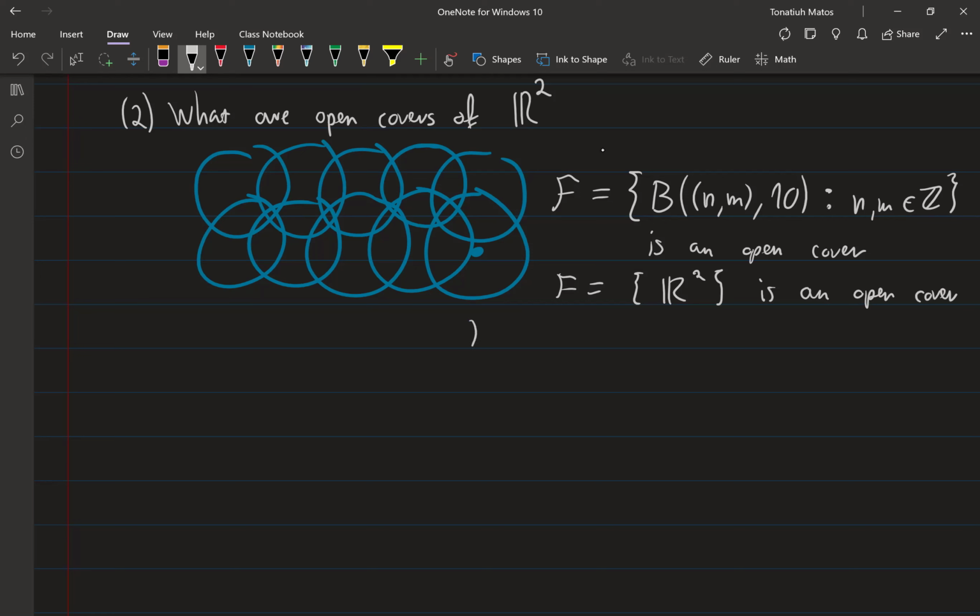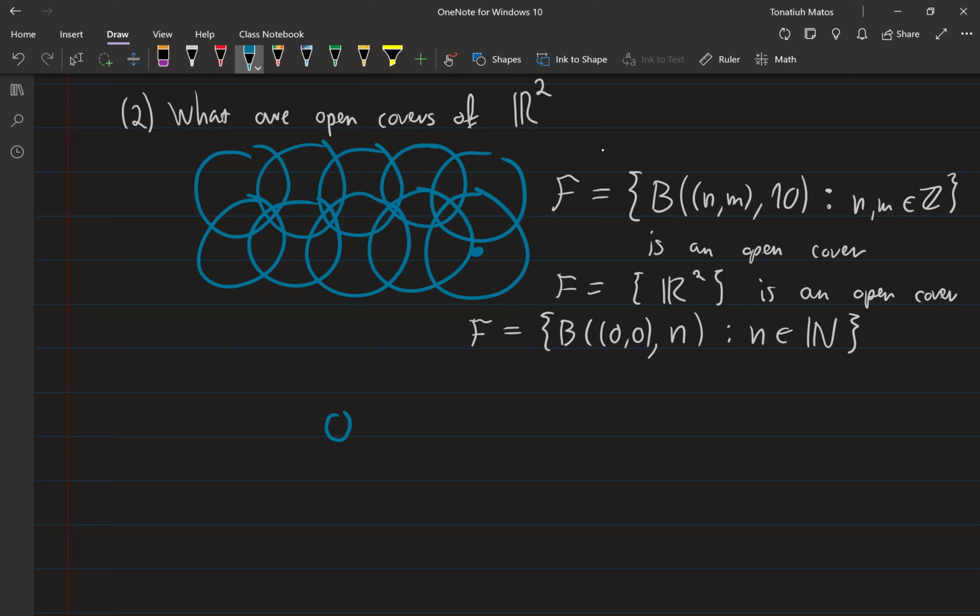Maybe one more example. In the first example, the radius is fixed, but the centers are moving. So in the last example, why don't I just do the opposite? Let me fix all of these in the center, but now the radius is moving. Now n is allowed to vary, a natural number. This is also an open cover, and this looks like this.